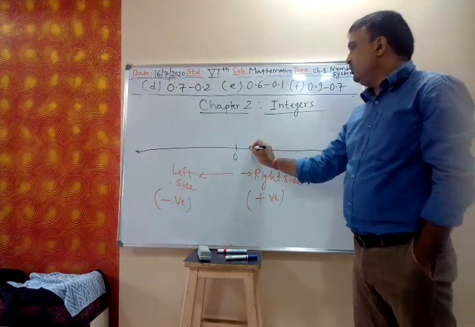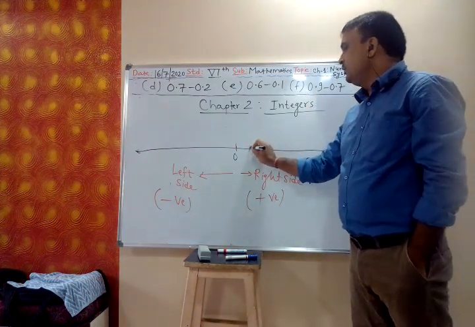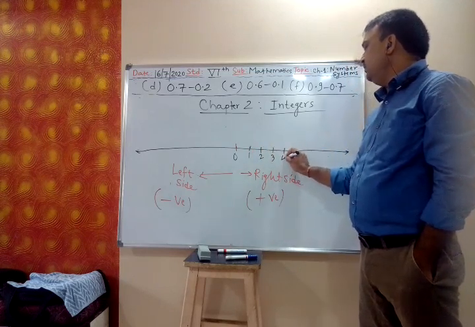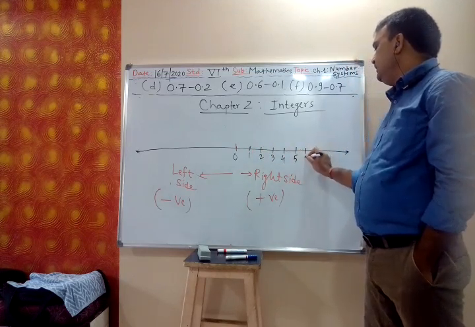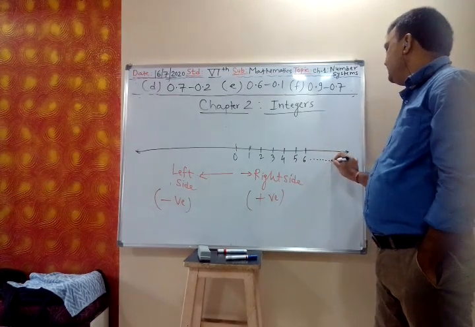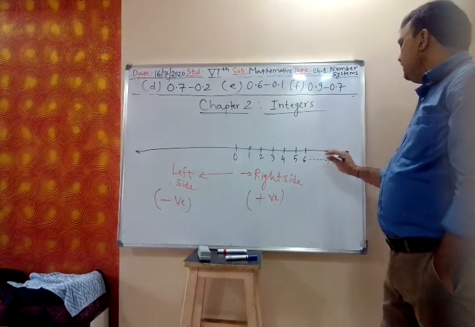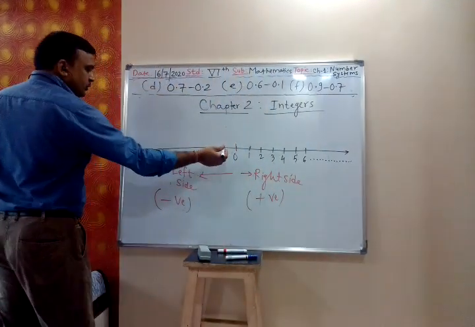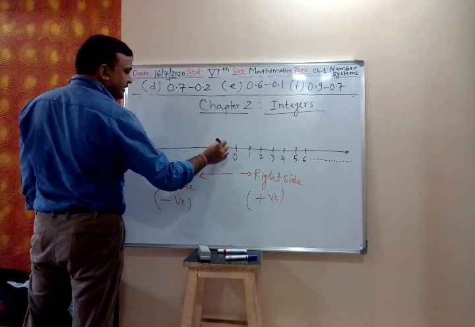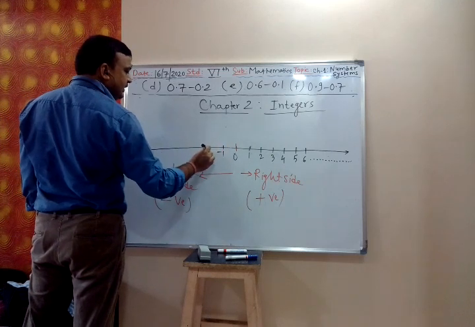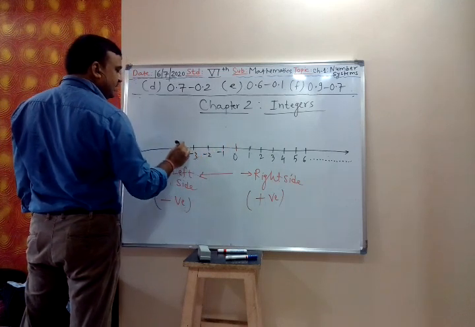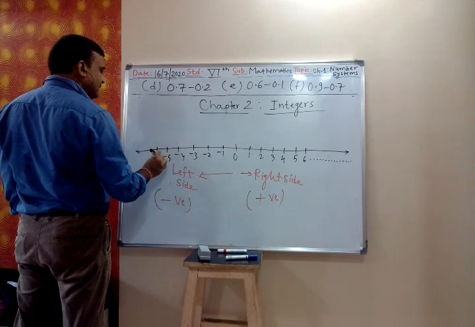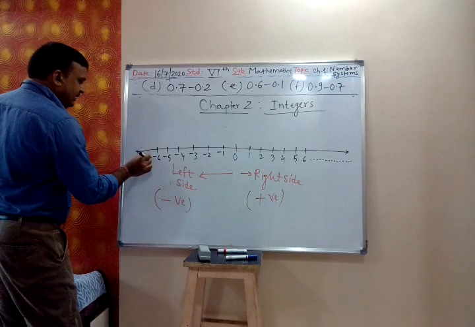So we write 0, then plus 1, plus 2, plus 3, plus 4, plus 5, plus 6, and dash, which means it is countless, infinite. Then to the left of 0 we have negative integers: minus 1, minus 2, minus 3, minus 4, minus 5, minus 6, then we write dash.